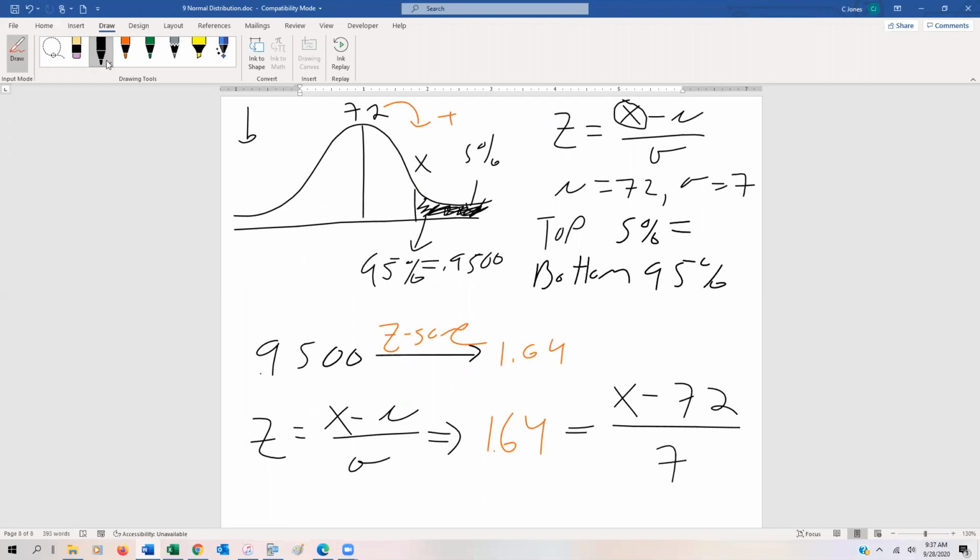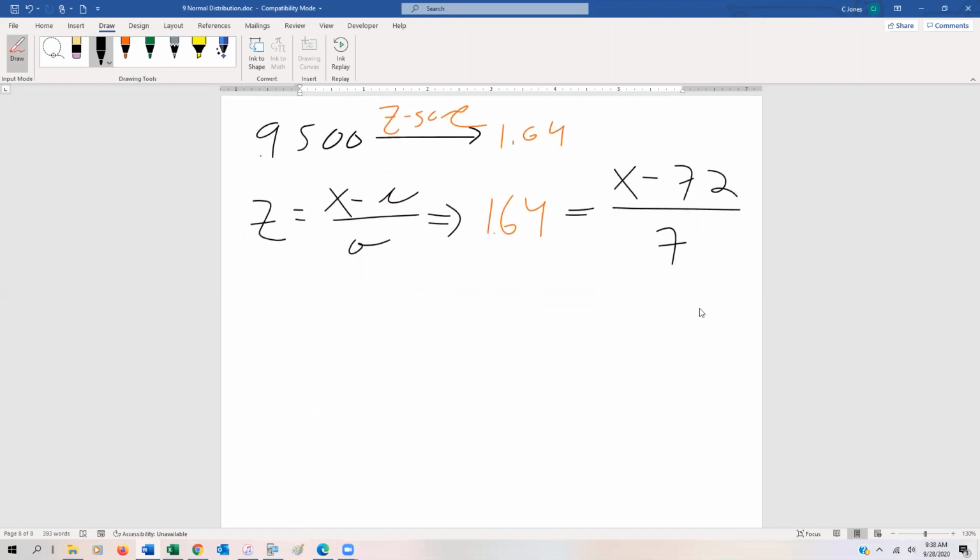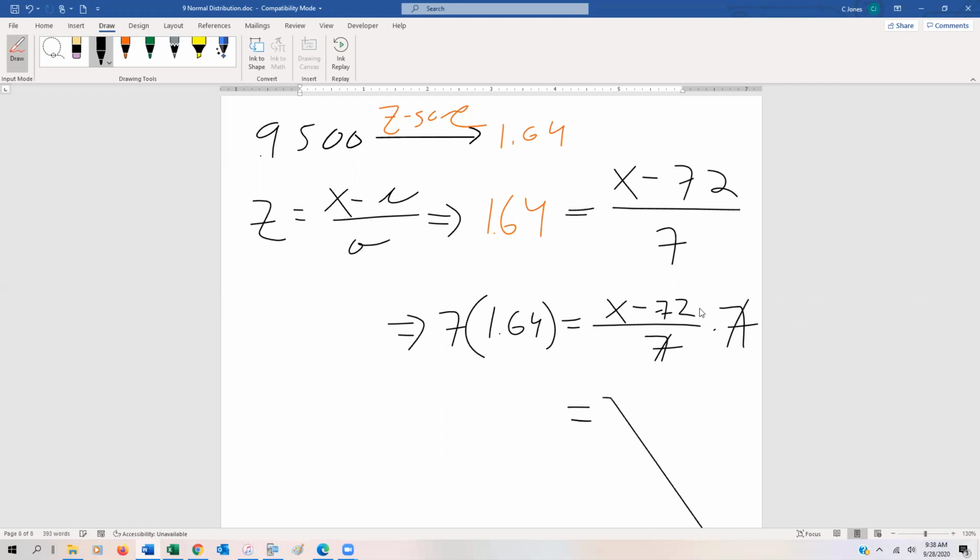And just like we did before, we're going to multiply both sides by 7. So 7 times 1.64 is equal to x minus 72 divided by 7. The 7's cancel out on the right-hand side of our equation, and that just leaves us with x minus 72.